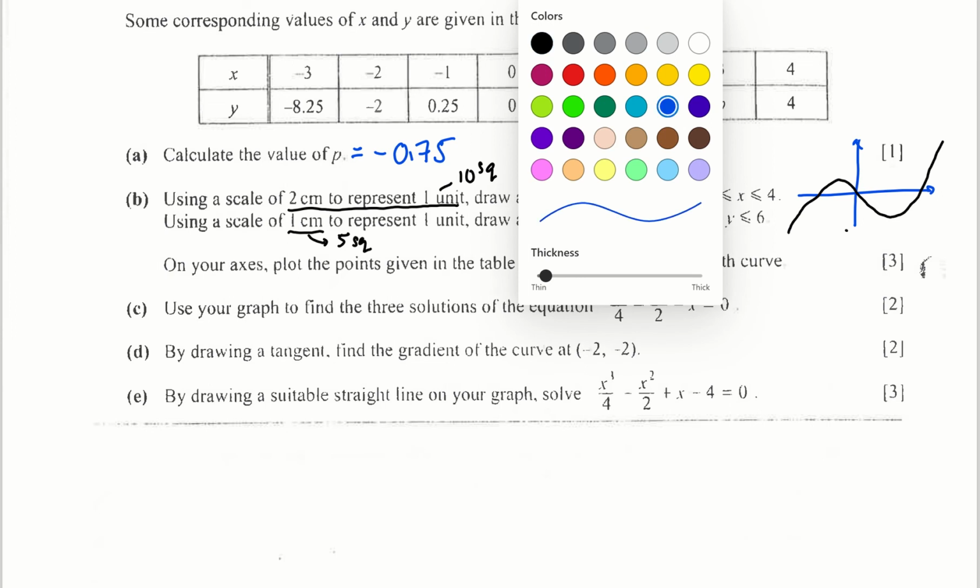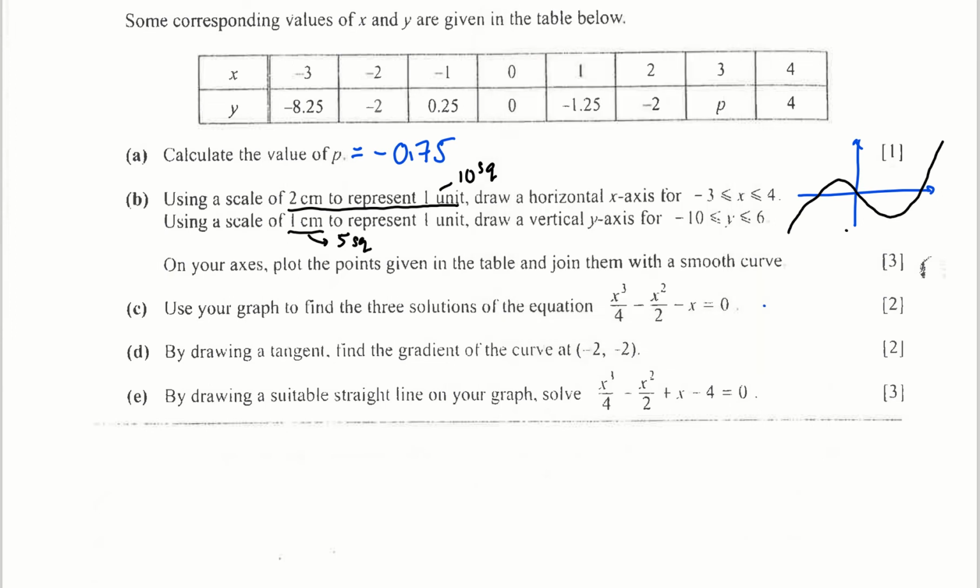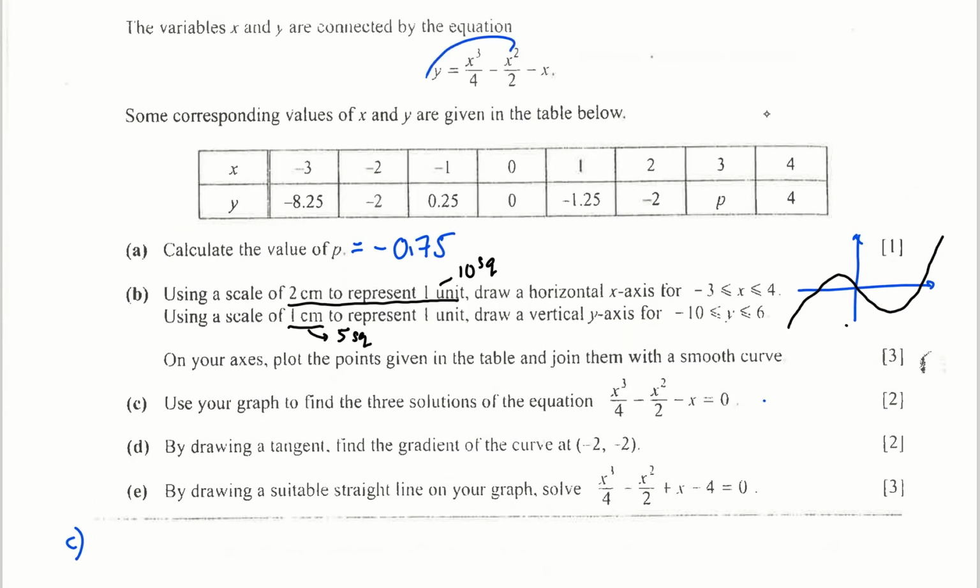Now the next one: use the graph to find 3 solutions where this equals 0. I will start to explain from part C onwards. This curve that you draw is actually this equation, y equals x cubed minus x squared minus x.